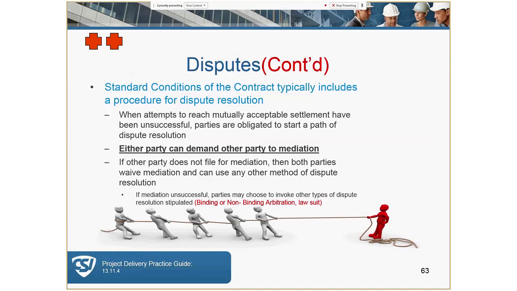There are procedures and processes for resolving disputes that are spelled out in the general conditions. Each party may demand mediation if this has not been struck from the contract. The process generally follows this format. The claim is filed. If the claim's not resolved, then the dispute follows.